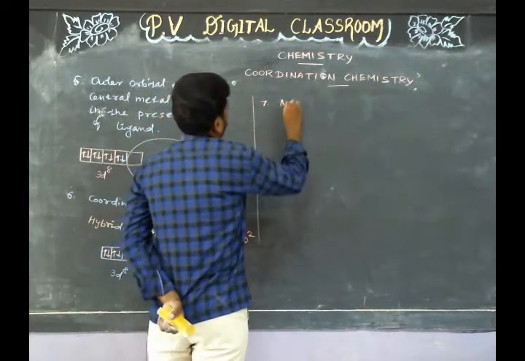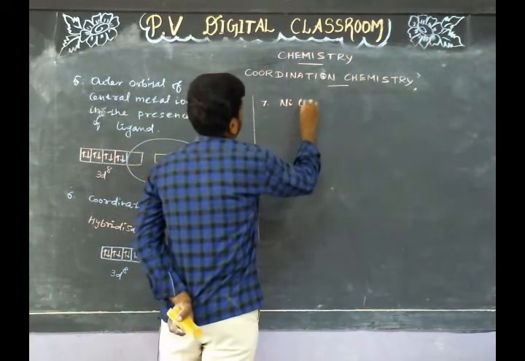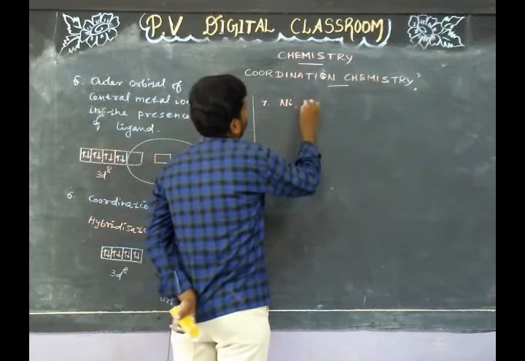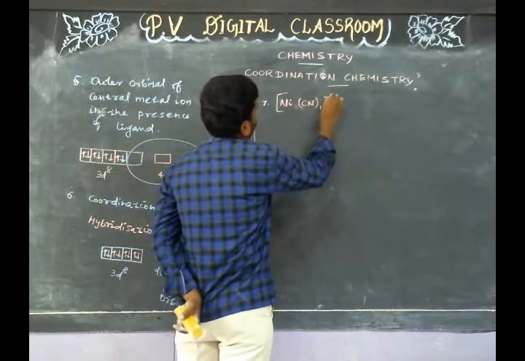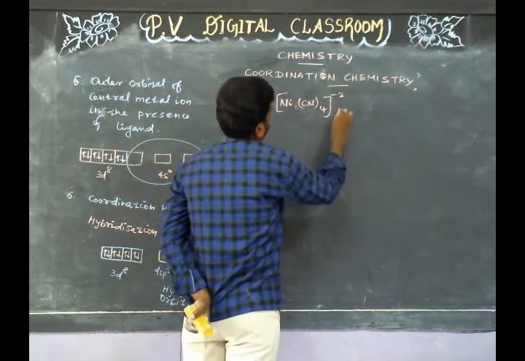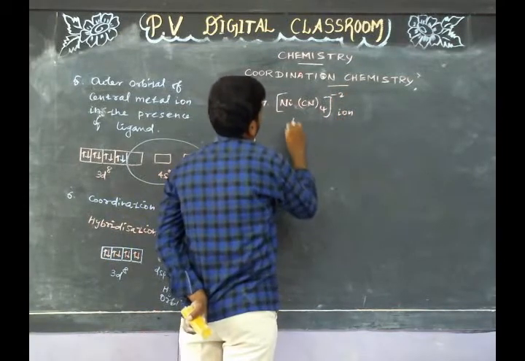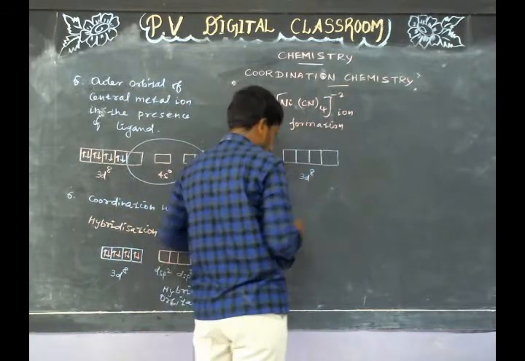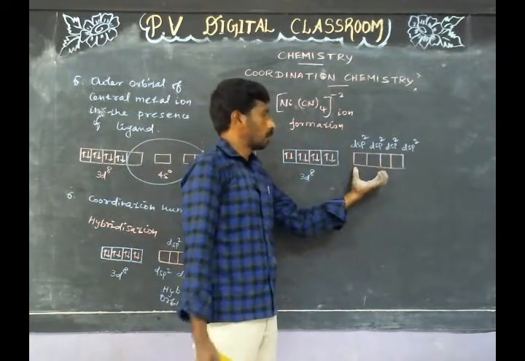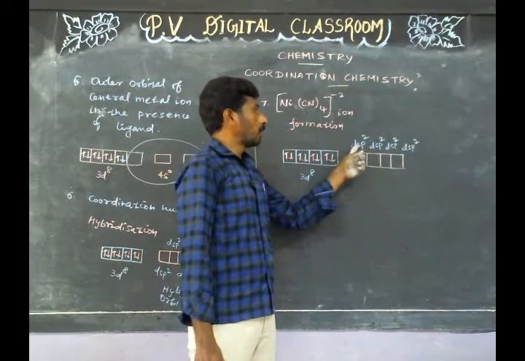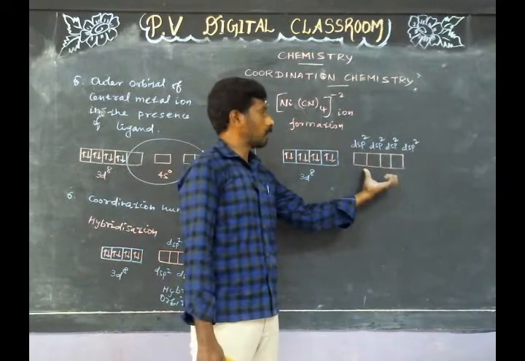Then [Ni(CN)4]2- ion formation. 3d8. These are 4 equivalent dsp2 hybridized orbitals.